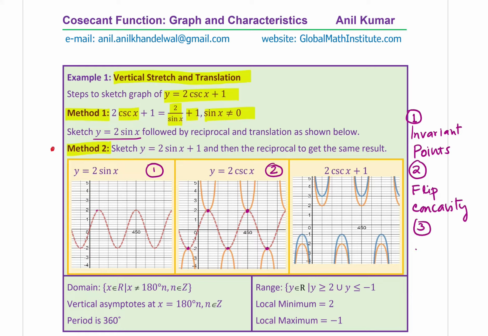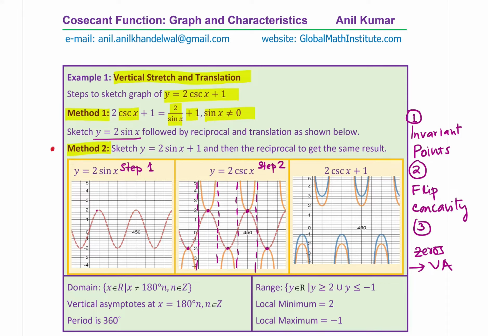Third is zeros to vertical asymptotes, right? So we can draw these vertical asymptotes at all the zeros of the sine function. So what you get here is the graph of 2 cosecant x. Let me write this as step 1 and this is step 2. So we got the graph of 2 cosecant x.